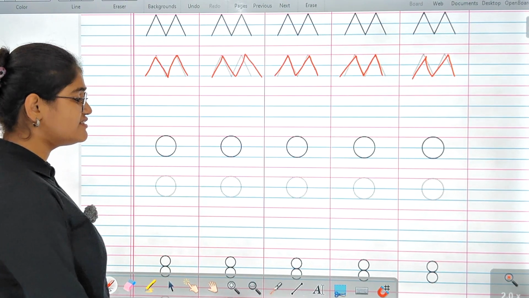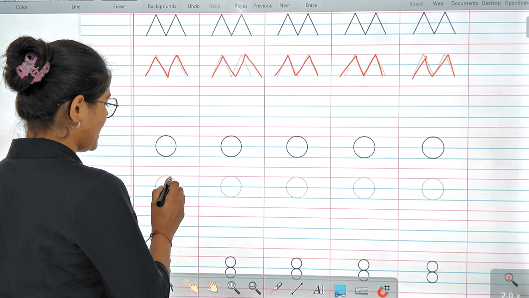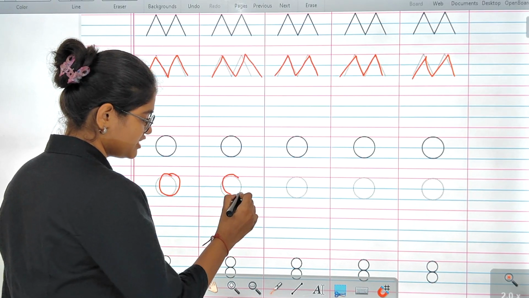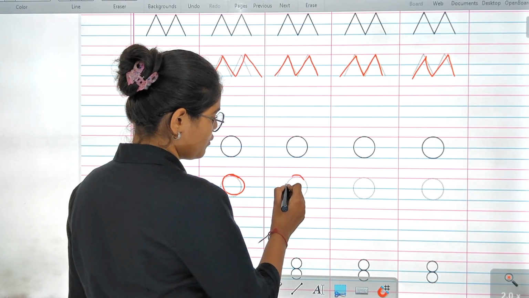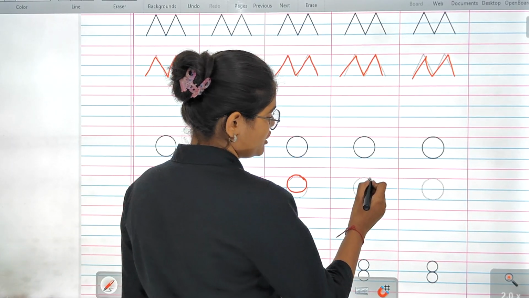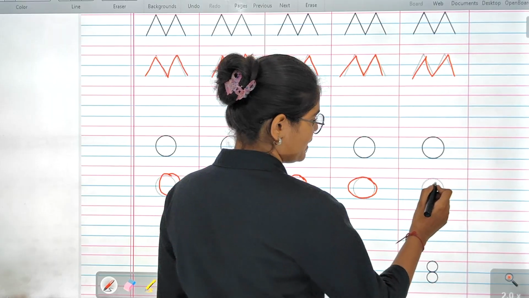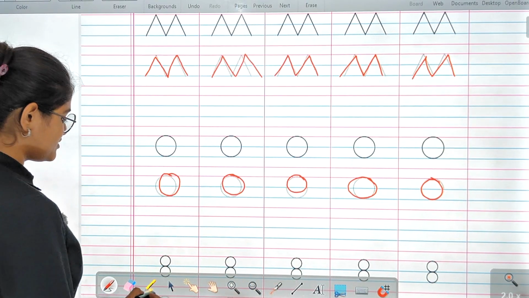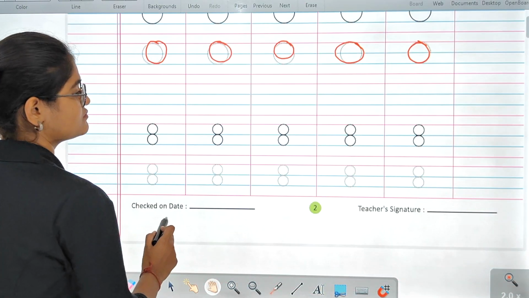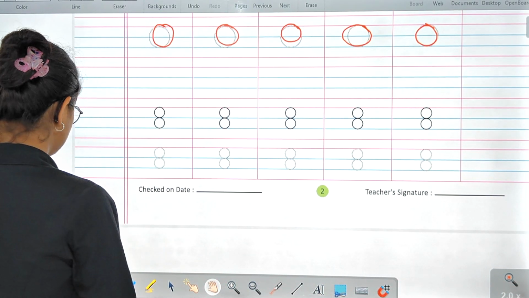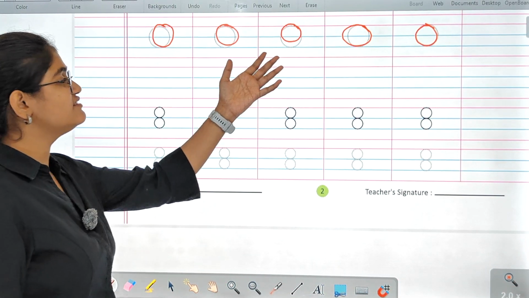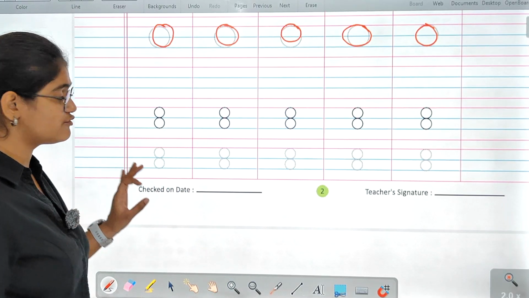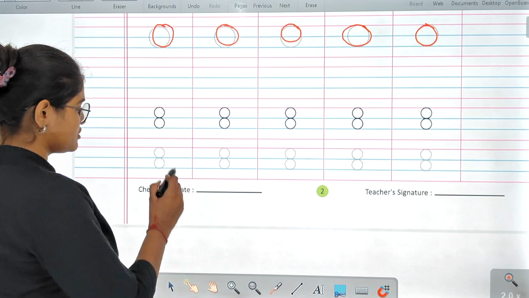Now next is the simple one, that we have to make a circle. We have to make a circle once again. All we have to do is rotate our pencil in a circular form, right? Next, very easy. Now in the above pattern, we made only one circular formation, and in this we have to make two circular formations.